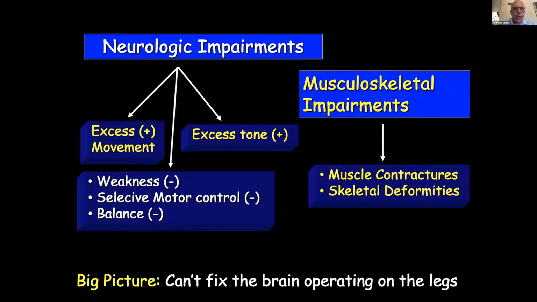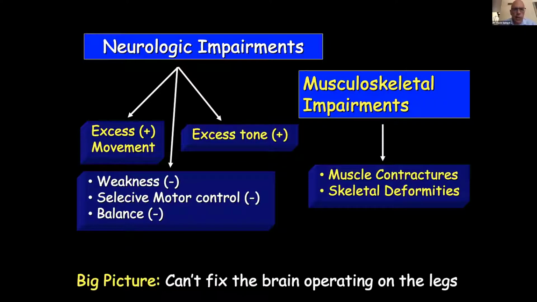So a nice way to think about each individual patient is that they have neurologic impairments and they have musculoskeletal impairments. As orthopedists, we're most familiar with muscle contractures and the skeletal deformities. But when we're looking at the primary or neurologic impairments, we're interested in seeing, does this patient have excess tone?